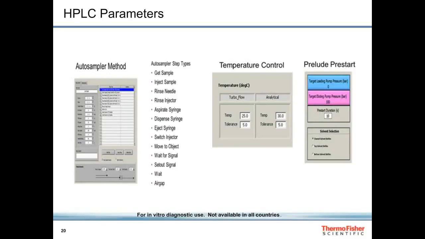Other parts of the Prelude MD HPLC control include autosampler parameters, temperature control of the columns, and pump pre-start settings. Since the Prelude MD HPLC uses positive displacement pumps rather than reciprocating pumps, as conventional HPLC does, there is no flow through the columns after the completion of the LC method.